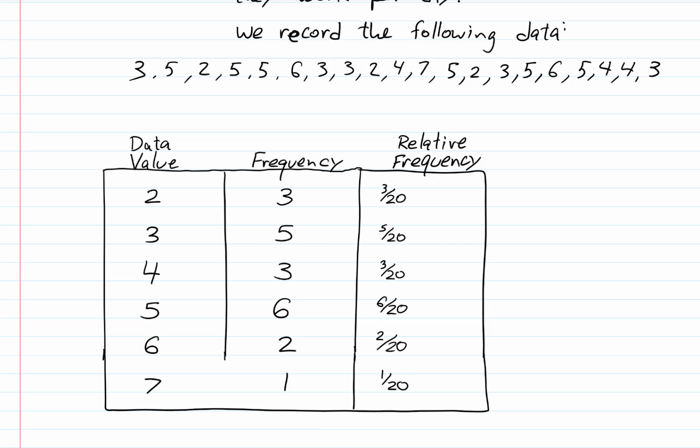Now, for relative frequencies, sometimes people like to write those as a decimal so that you get an idea of the percentage. So for 3 out of 20, you might see that written as 0.15, so that you get an idea that that's 15%. 5 out of 20, you might see written as 0.25, so that you see that that's 25%.